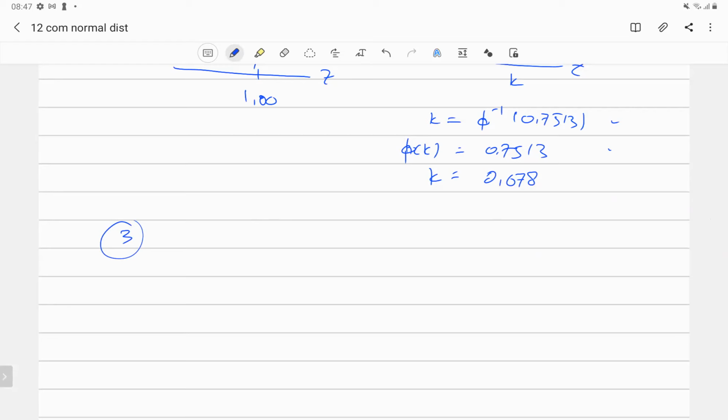Let's say this is the length. So the length can be approximated with a normal distribution with mean mu and standard deviation sigma, so the variance is sigma squared. In this case, we don't know mu and we don't know sigma. We're going to find them. 4% is longer than 12 centimeters.